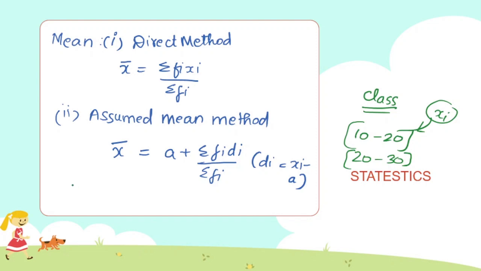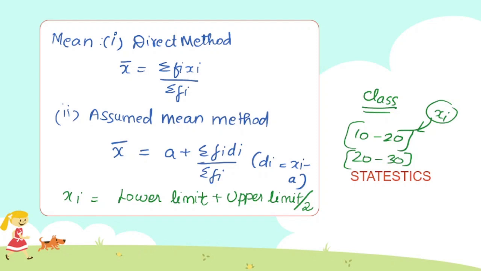Your class mark xi is equal to lower limit plus upper limit, the whole term divided by 2. Lower limit plus upper limit, the whole term divided by 2. Got that?